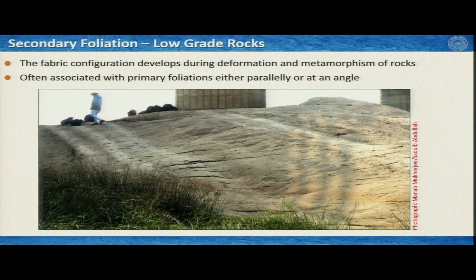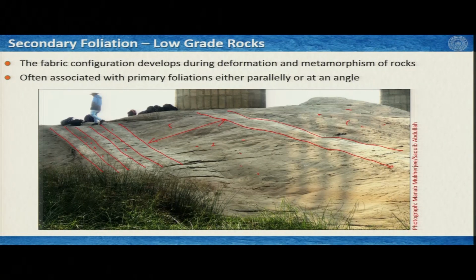So, what we see here is alternating lighter and darker bands. This is a quite thick dark band, and then we have again one lighter band, and so on. Now, this defines your sedimentary or primary foliation.